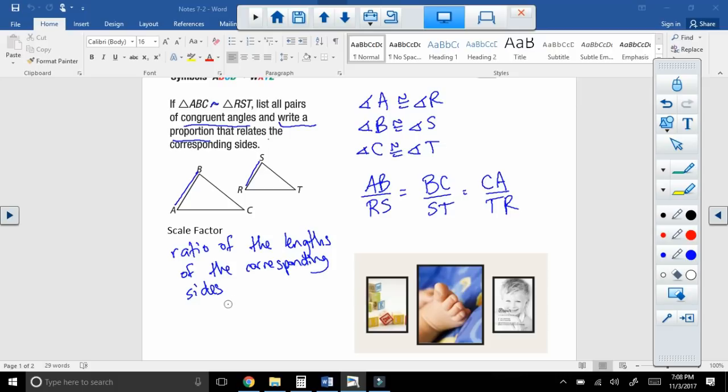Usually whenever you have similar triangles or similar polygons, it'll ask you what the scale factor is. That scale factor earlier in the page was 3 to 1 because all of those ratios simplified to 3 to 1. One thing you can do is tell if things are in fact similar if they all have the same scale factor for their sides.